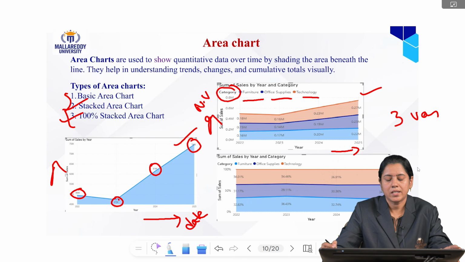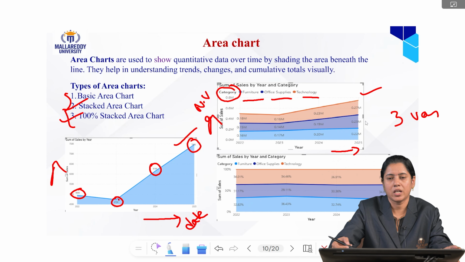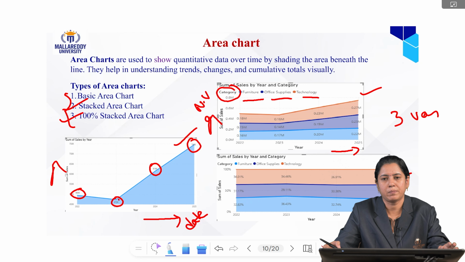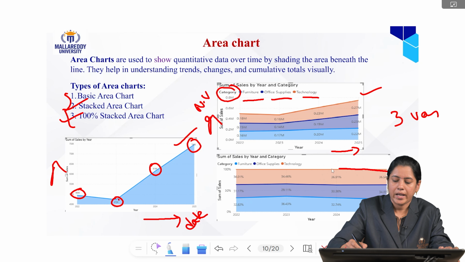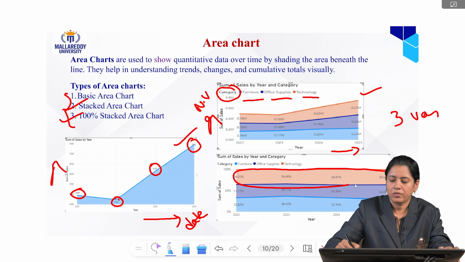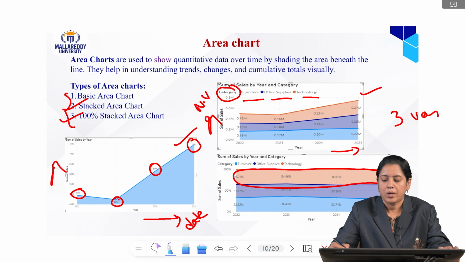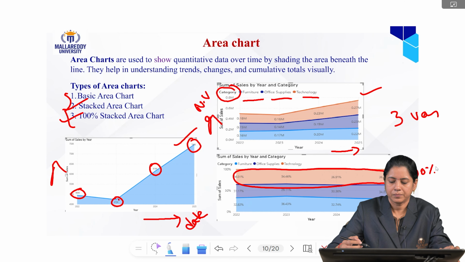The 100% stacked area chart is similar to the previous one, the stacked area chart. The previous one displays only the sales values. Here we are displaying in terms of percentage. If you observe, the sum of all the percentages is equal to 100%. That's why we call it a 100% stacked area chart.